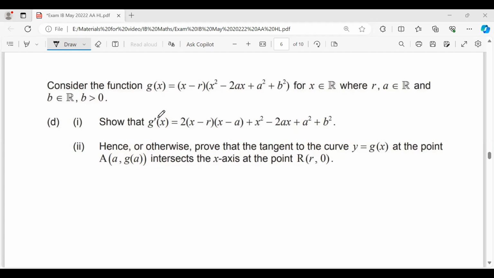So the derivative g'(x) is its expression, and secondly we are going to answer these questions. First is one: show that the derivative of g(x) is 2(x minus r)(x minus a) plus x squared minus 2ax plus a squared plus b squared, from this function g(x).